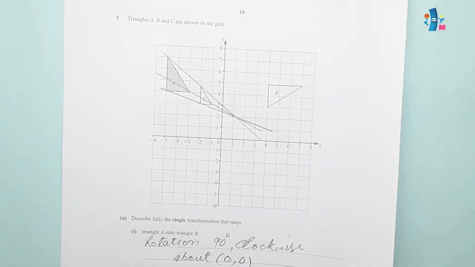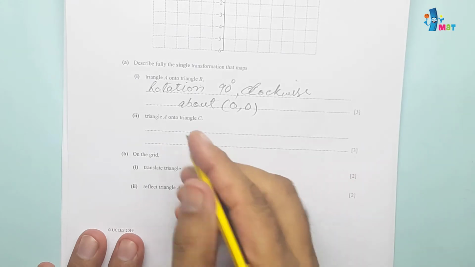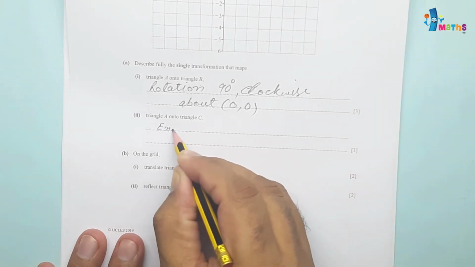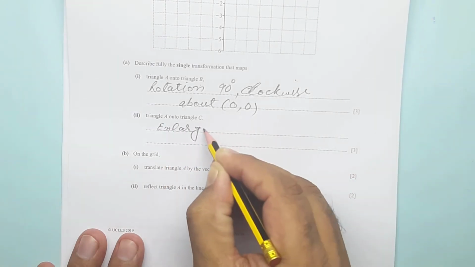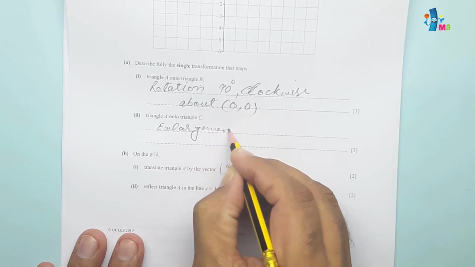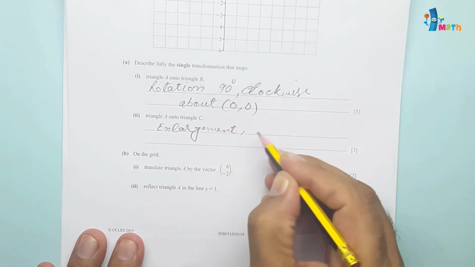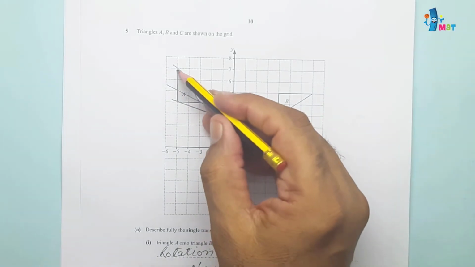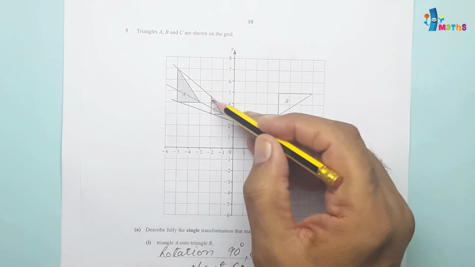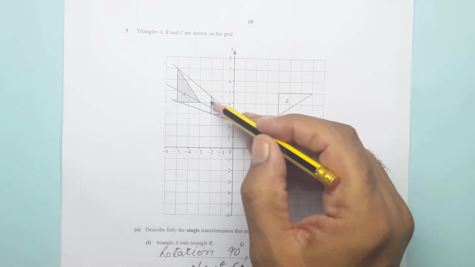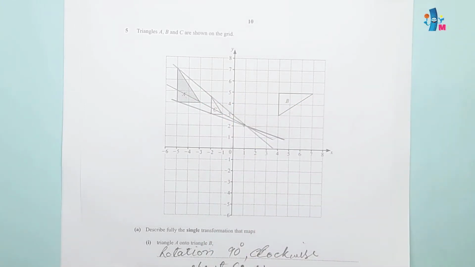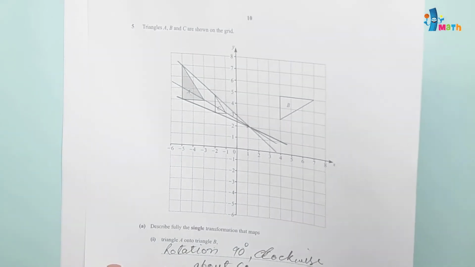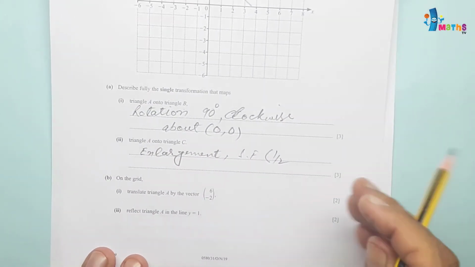So we will write the answer as enlargement by scale factor 1 by 2, because it is reducing to half. If you see, this is 1, 2, 3 units, this is 1.5 units. So it is 3 multiplied by 1 by 2, which will be 1.5.